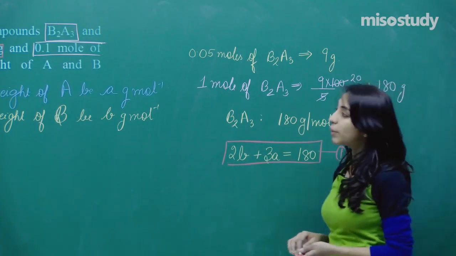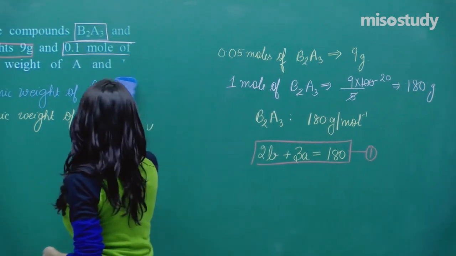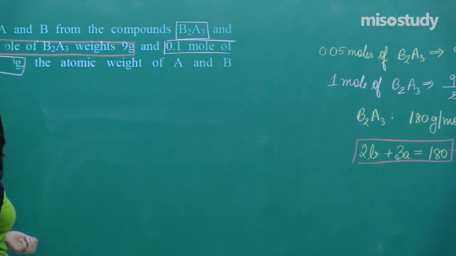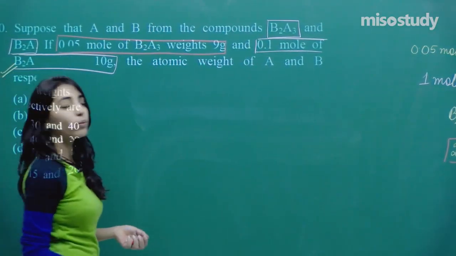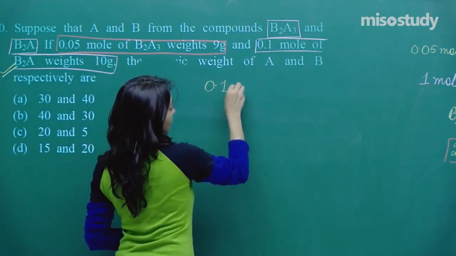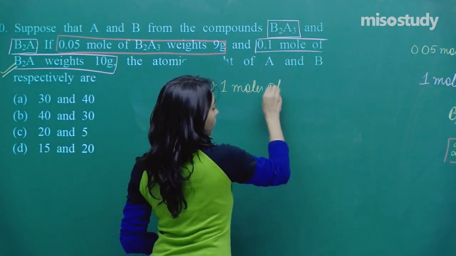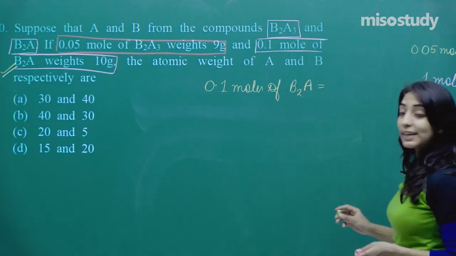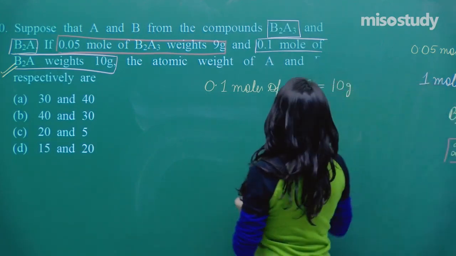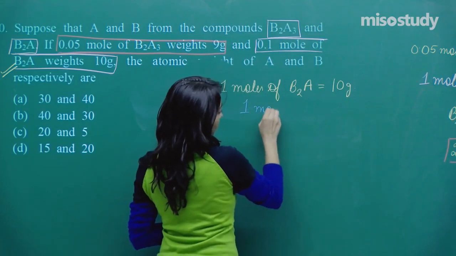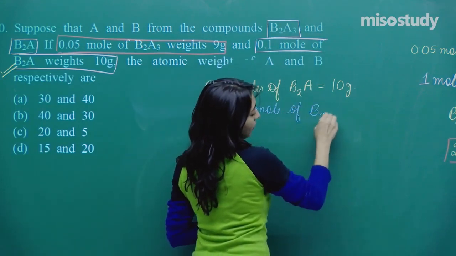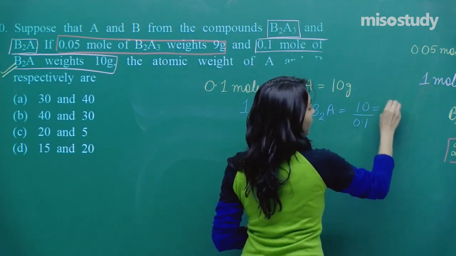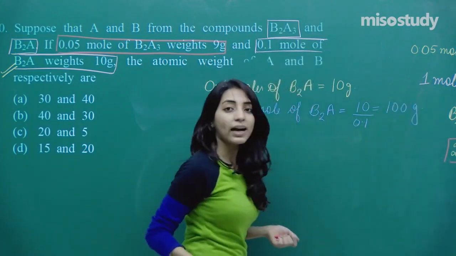Let us move in similar lines. Now he says 0.1 mole of B2A weighs how much? This weighs 10 grams. So 1 mole of B2A, can I write it to be 10 divided by 0.1, which is 100 grams, right?